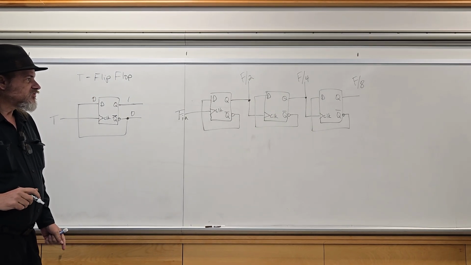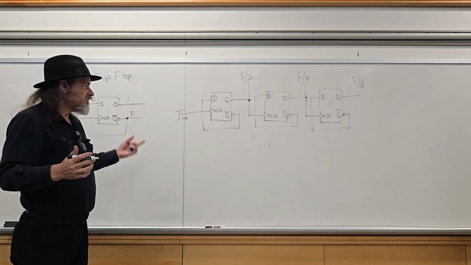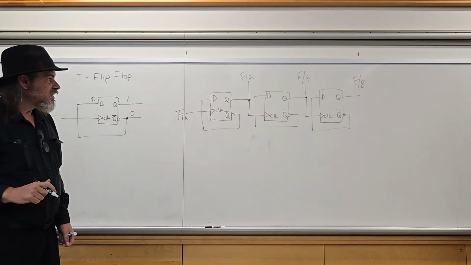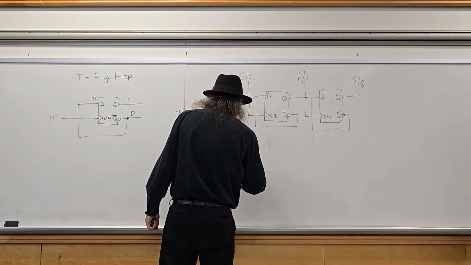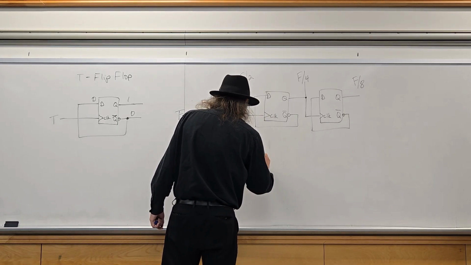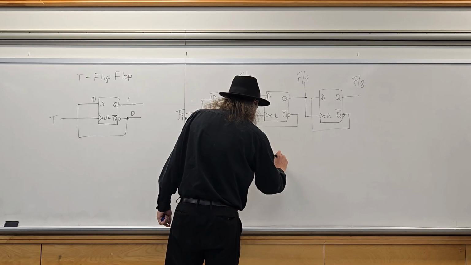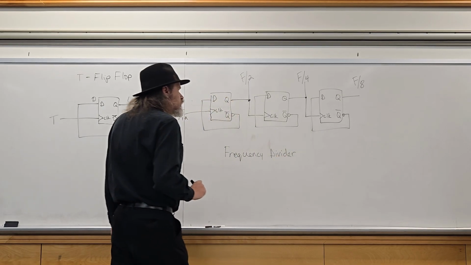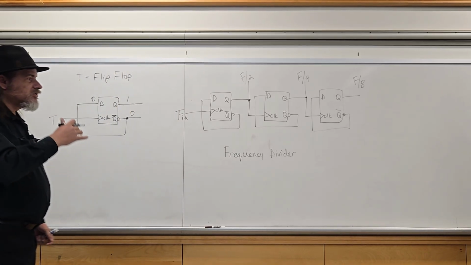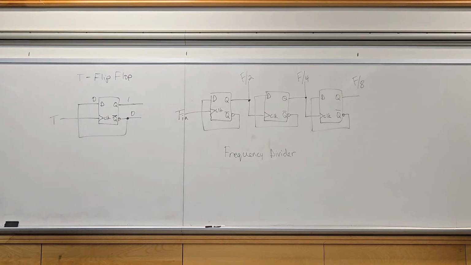So each stage divides it by 2. So this would be a frequency divider. And you can string it along however many stages you want or need for your application.